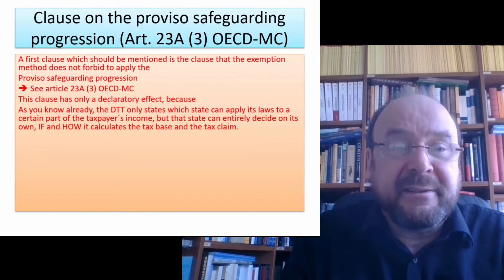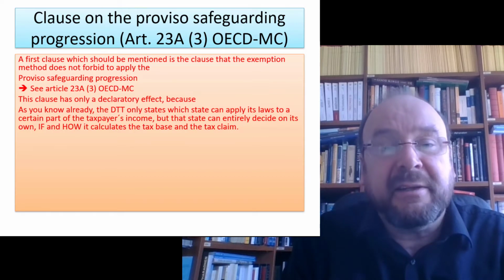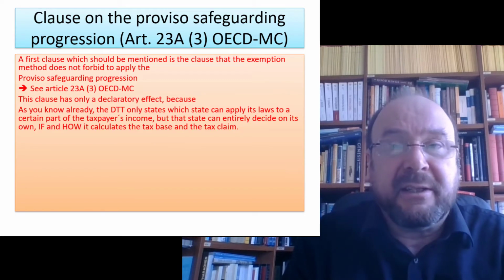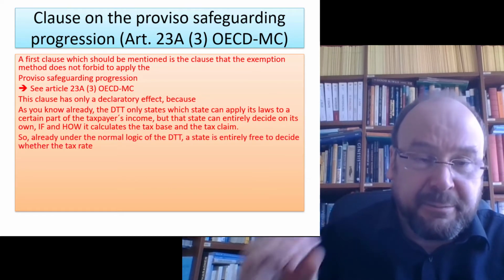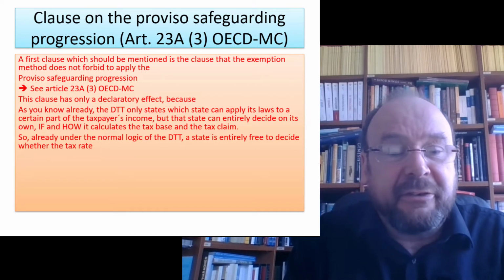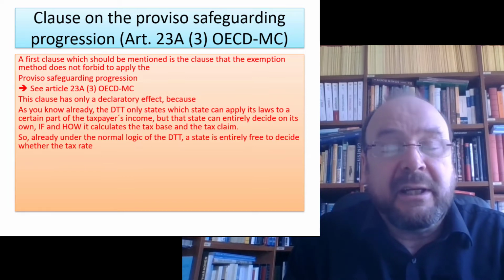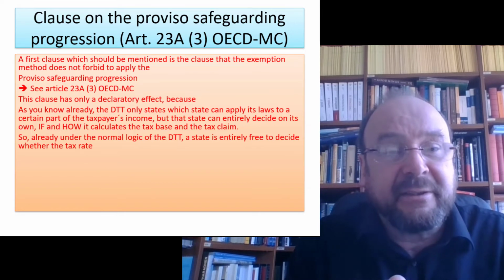But the state in question can then completely independently define if they tax that item and according to which rules they tax it. So if you can completely independently decide according to which rules you tax a piece of your income, then already under the normal rules of logic, a state is entirely free to decide how and depending on what it calculates or fixes the tax rate of the taxpayer.